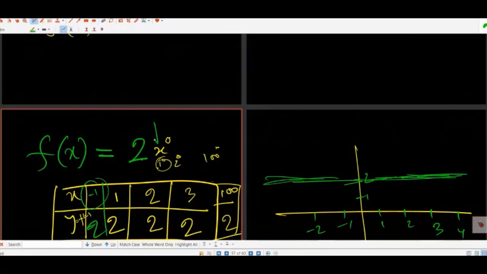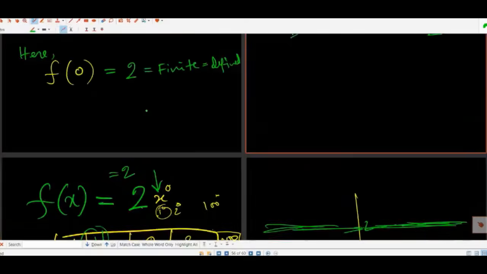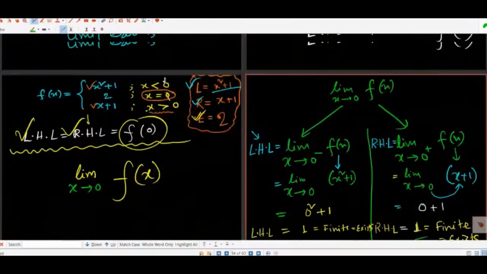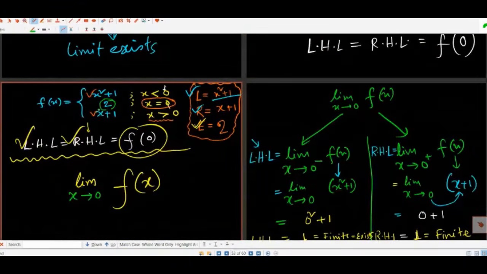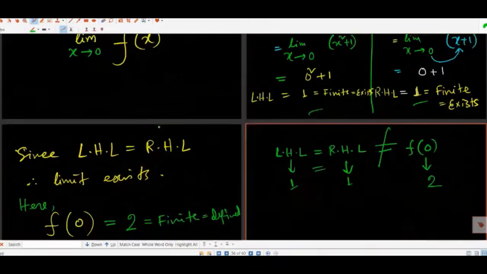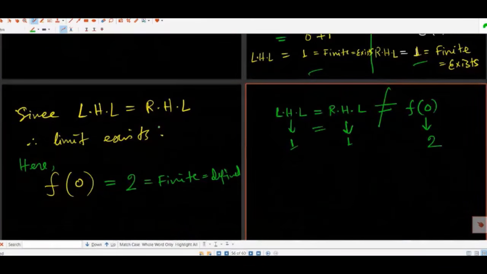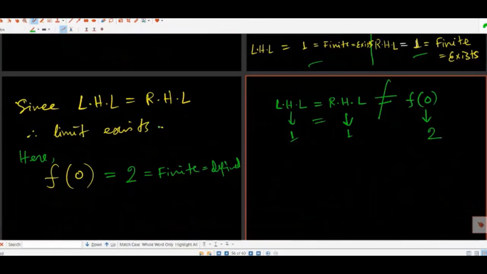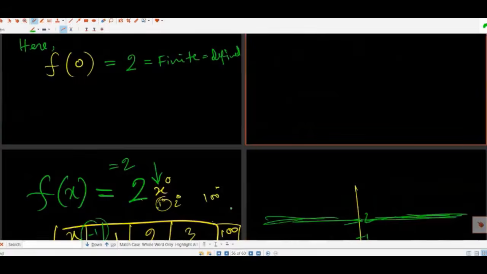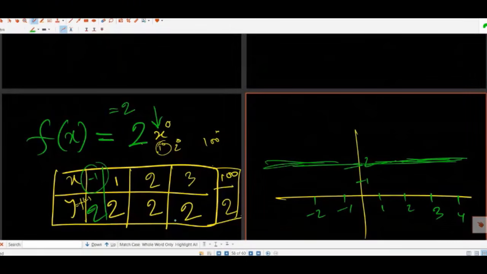So that means invisibly we have x power 0, but we have just written 2. Do you understand? Okay. So that's why we have written that f of 0 is equal to 2, right? Yes. So this is just one example of how we can think about a constant function.